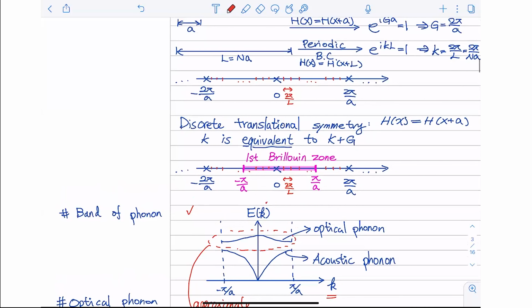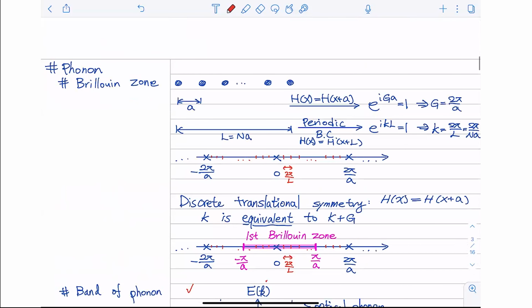Okay, so the first question is, what is this k? Phonons usually appear when the system has a periodic structure, for example, in a crystal.